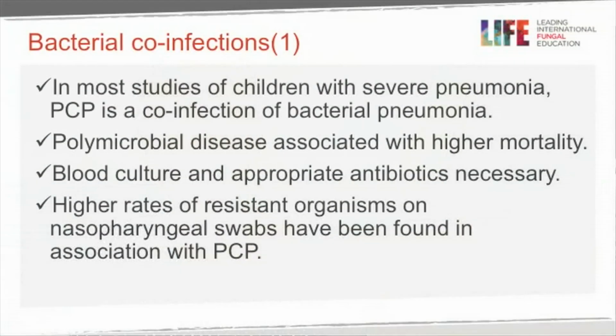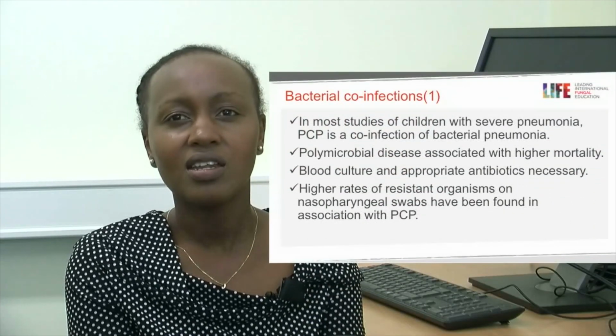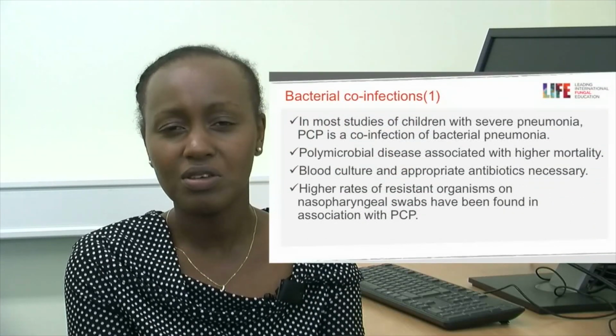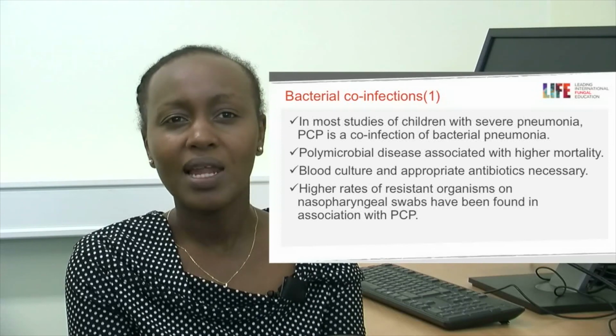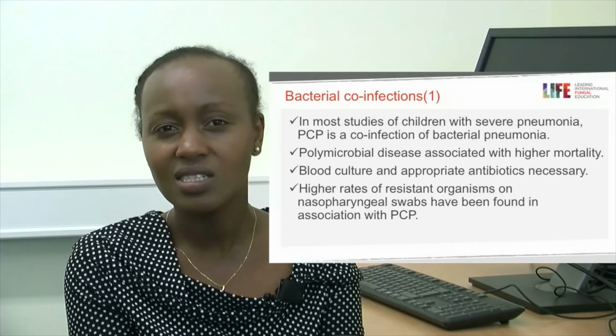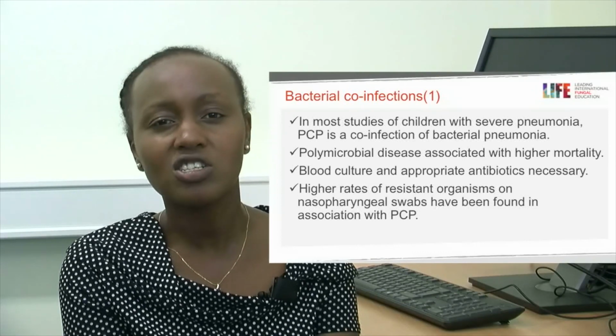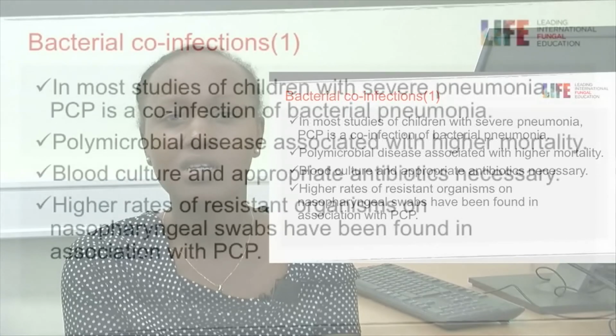When it comes to bacterial co-infections, as we have already said, Pneumocystis pneumonia is often a co-infection with bacterial pneumonia, and as we know in children, whenever you have polymicrobial disease from whatever cause, a higher mortality is found. Blood culture with appropriate antibiotics is of course necessary, because the bacteria would not only be found in the lungs, but could also be found in blood.